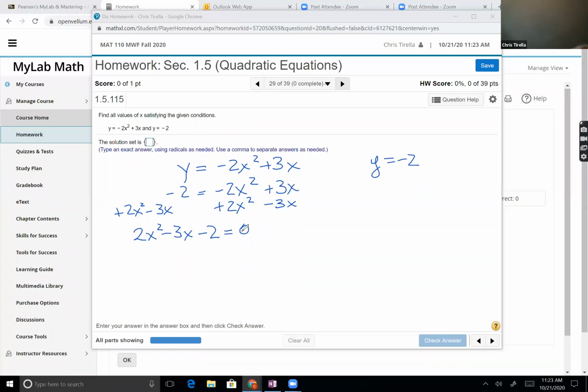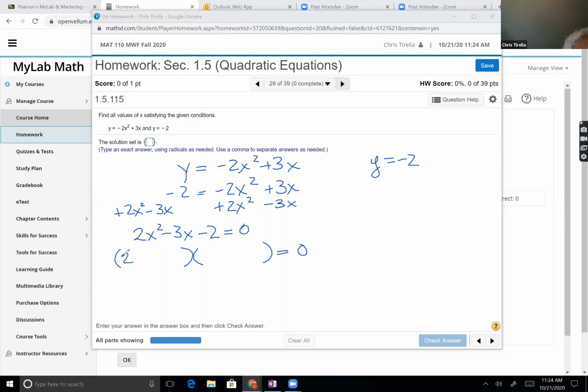Then from there, it's a matter of personal preference. Do you want to factor, complete the square, use the quadratic formula, or use the square root property? I'm old school, and so I'm thinking that this one is factorable.